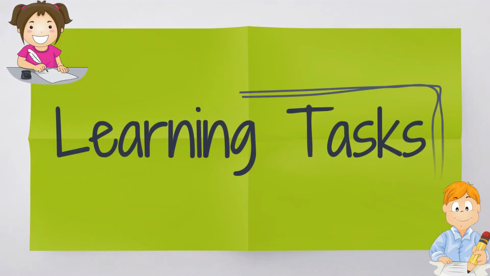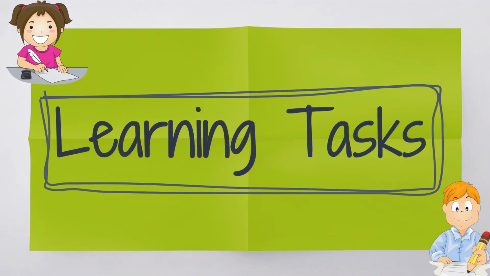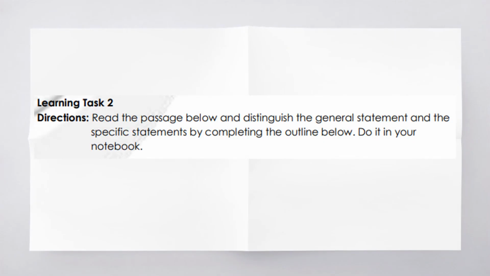Now, you may begin answering the learning tasks. Learning task number 1. Analyze each sentence below and identify the general statement and the specific statement. Write the letter of the correct answer on the space provided. Learning task number 2.